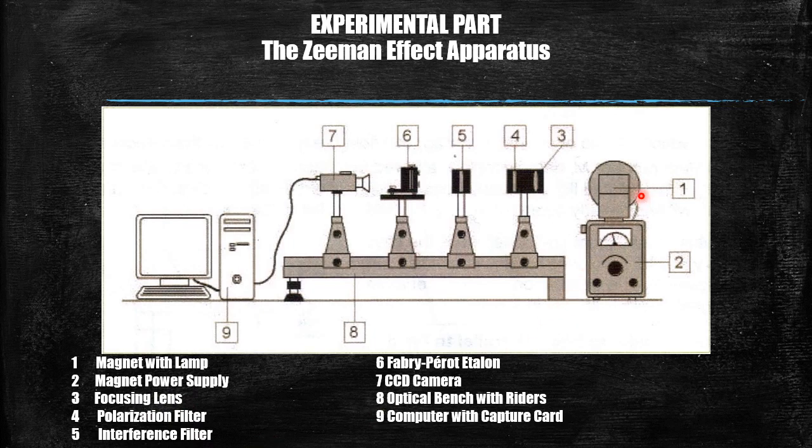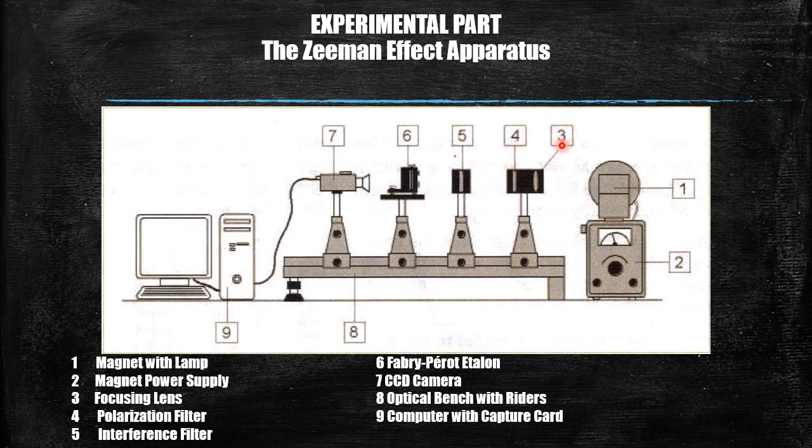Friends, just look at the apparatus. First, the magnet and lamp: there are two magnets in the middle of the lamp. The second one is the power supply for the magnet, the third one is a focusing lens, and the fourth one is a polarization filter.